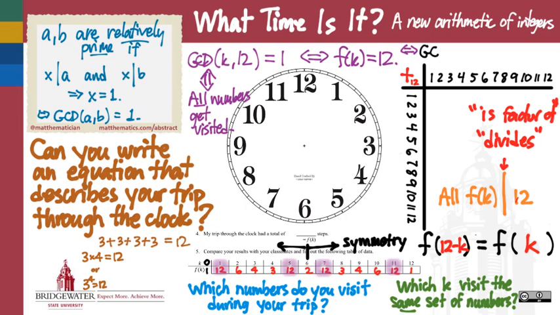Is it true that the GCD of 12 minus k with 12 is the same as the GCD of k with 12? Because if both sides of that equation are equal to 1, then we have the pairs of relatively prime examples.